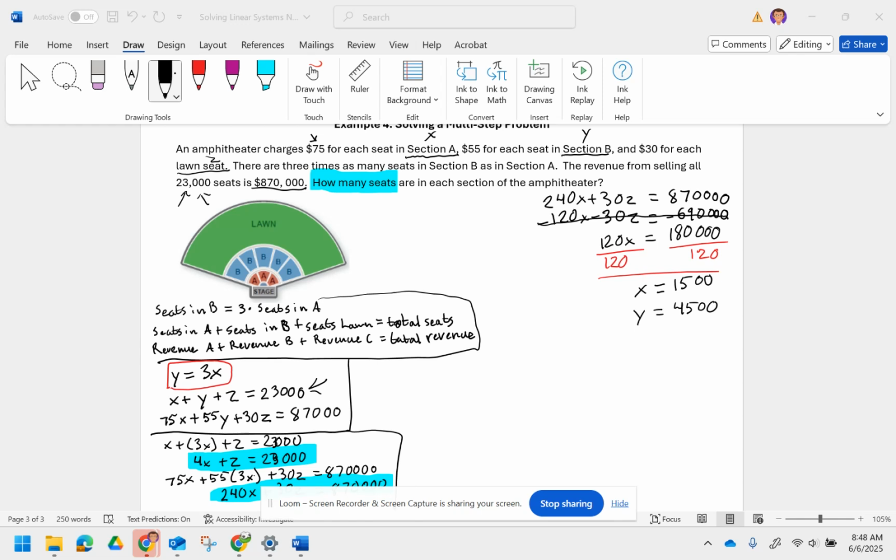Or in other words, 23,000 minus 4,500 minus 1,500. And that'll give us 17,000 seats.